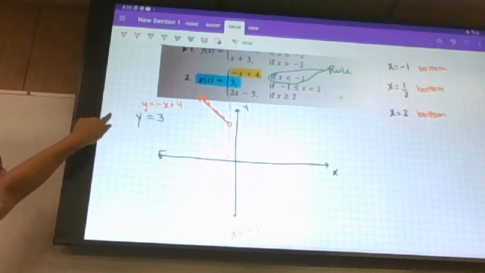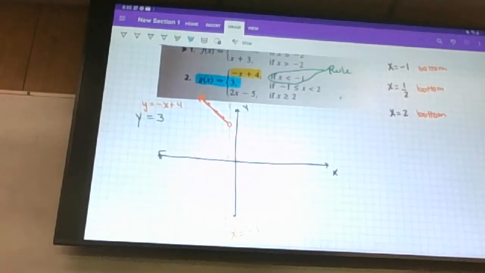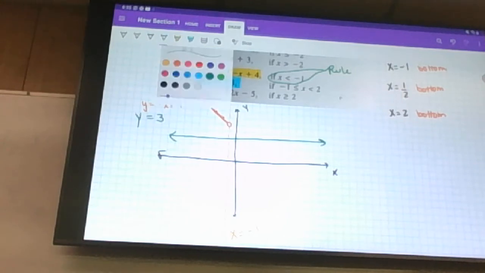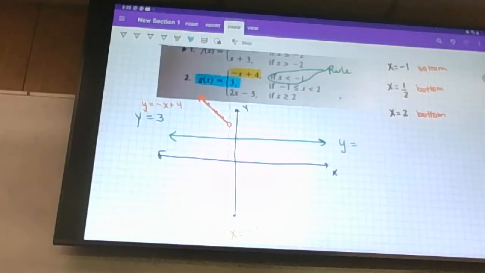So next, graph a line through y equals 3. That's what y equals 3 looks like, a flat, no-slope line.